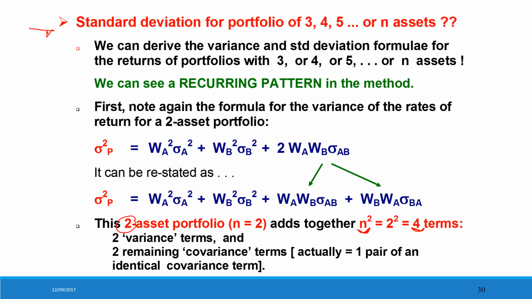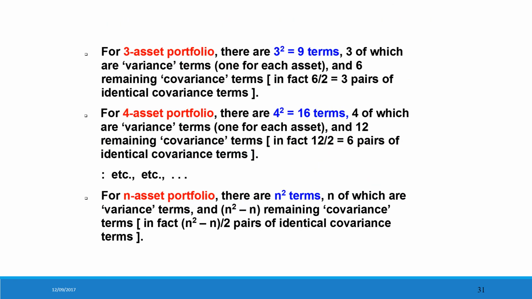So we have n variance terms, and we have n squared minus n different pairs. So for an n-asset portfolio, we have n squared terms: n variance terms, and n squared minus n divided by 2 pairs.